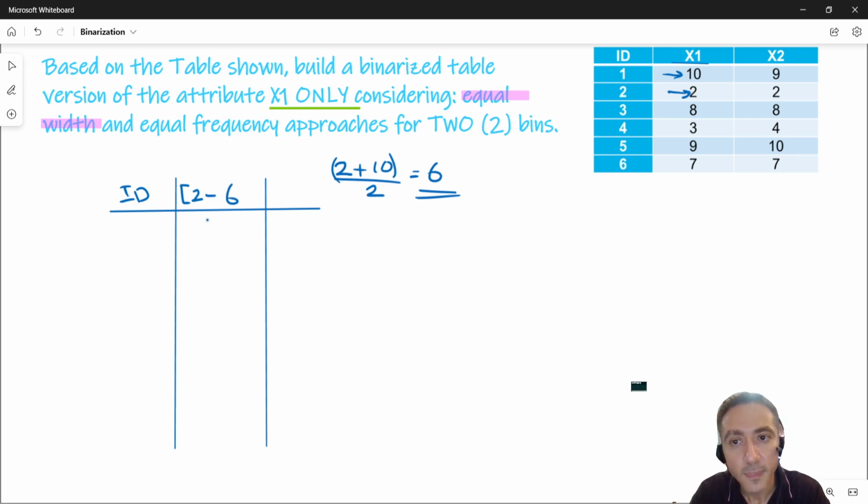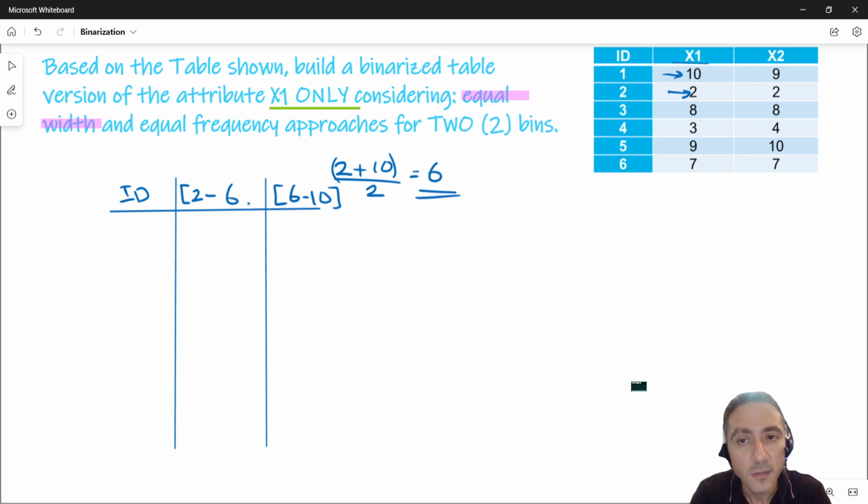And the second range should start from 6 up to the maximum value, which is 10. So that is equal width: 4 units for each range, 2 up to 6 and 6 up to 10.